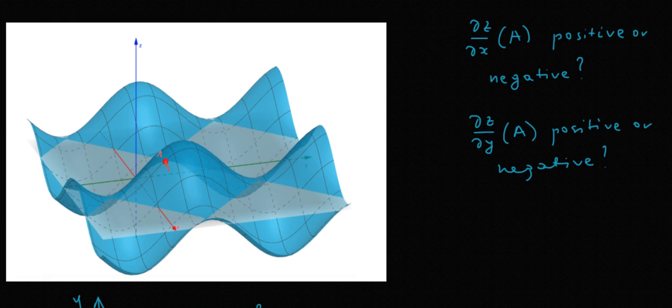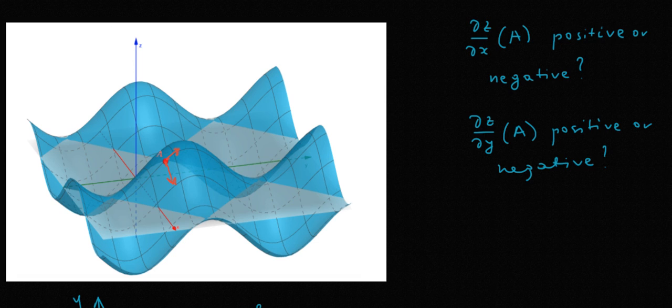I'll try my best to draw it. And we'll be moving in this direction right here. And you see that we're going to go down. The z values decrease, and therefore dz dx is negative. If we keep the value of x fixed and we increase the y values, then we will be moving along this cross section upwards.